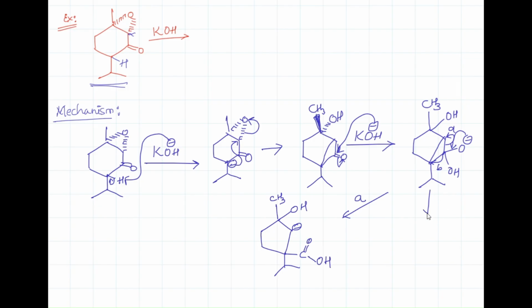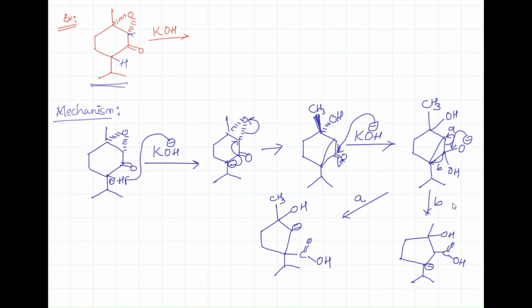If the ring opened by B pathway, the same 5-membered ring will be present, right? In this carbon, CH3 and OH will be present, right? Here the isopropyl group will be present, and in this C double bond O, OH will be present, and this carbon will carry a negative charge.